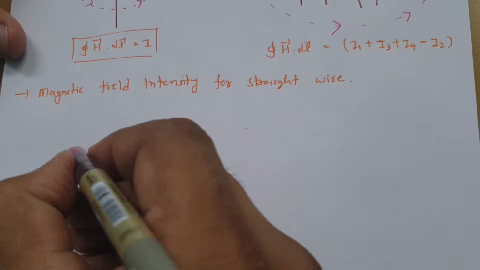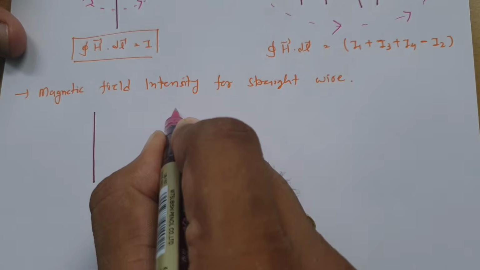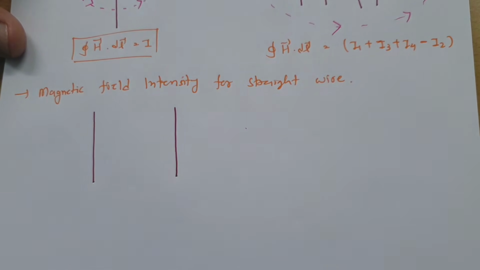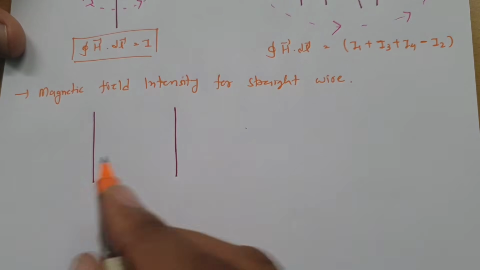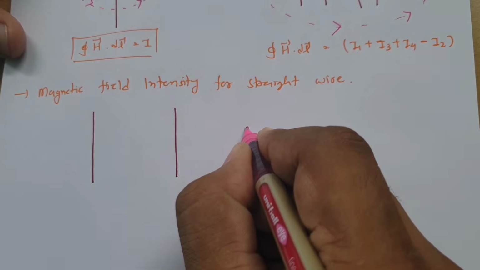I'll consider a few cases. I need to zoom in on the wire first of all. So let us say this is a wire, and there are three cases that we will consider for the calculation of magnetic field intensity. The first case is outside the wire.